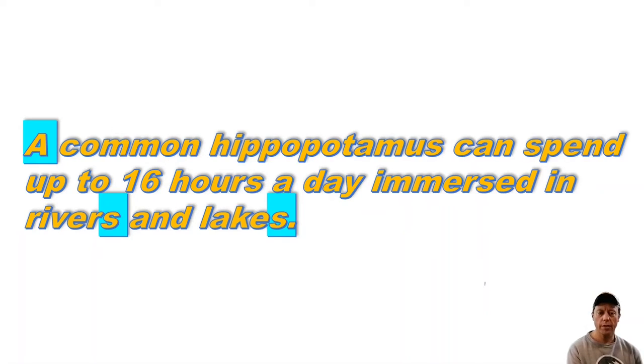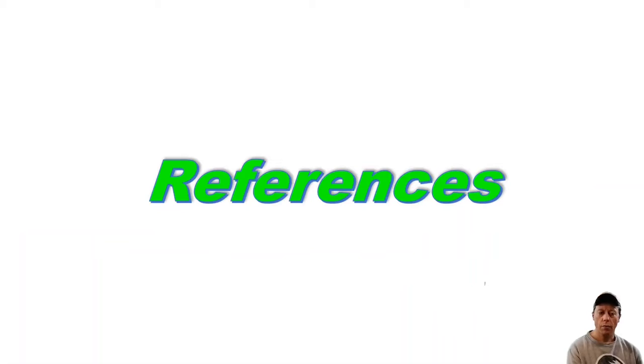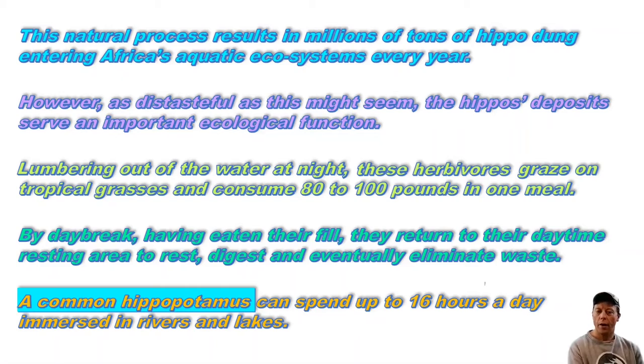Okay, so strategy 2. References. We need to find another sentence that links back to those key ideas in the first sentence. So what are the key ideas in sentence 1? Well, the subject, a common hippopotamus, of course, is a very important idea. And these herbivores in one of the sentences links back to a common hippopotamus.